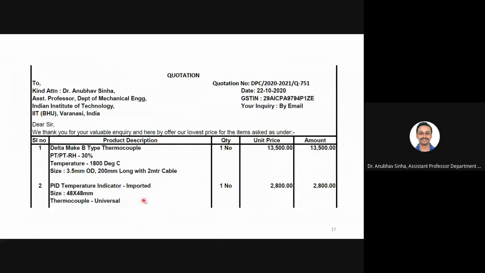Last month I got the quote, and maybe in one or two months I'll buy. If you want, you can have a look. This is a B type thermocouple. It contains platinum and platinum rhodium alloy, 30% I think.